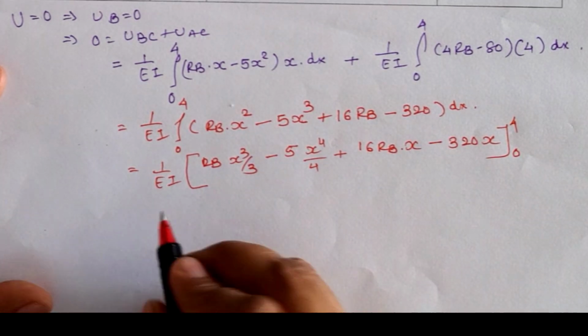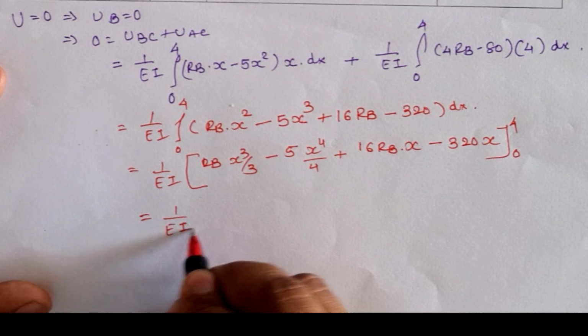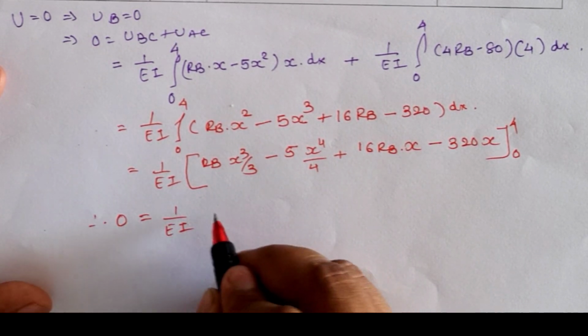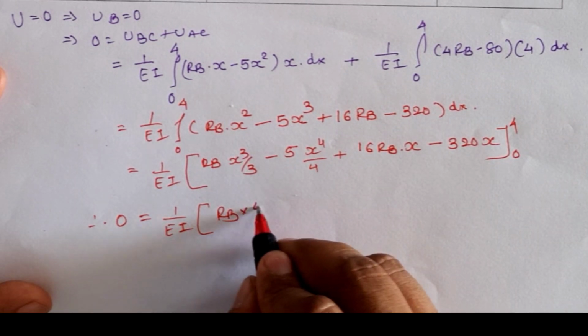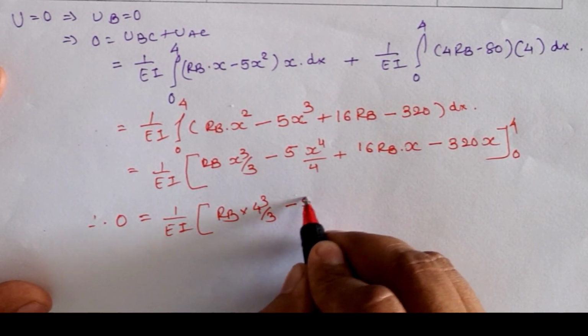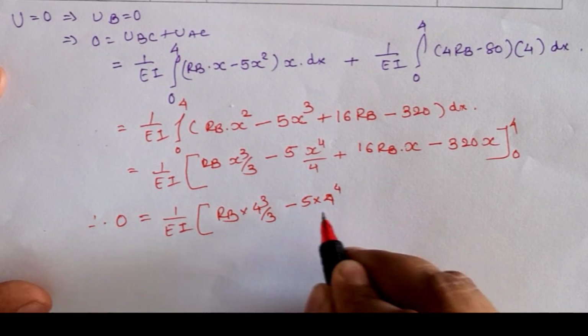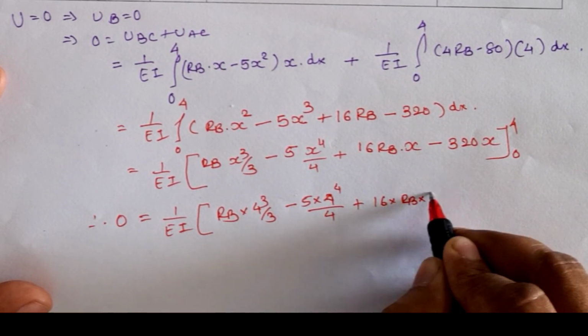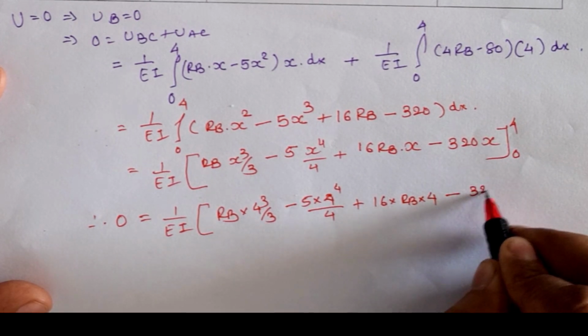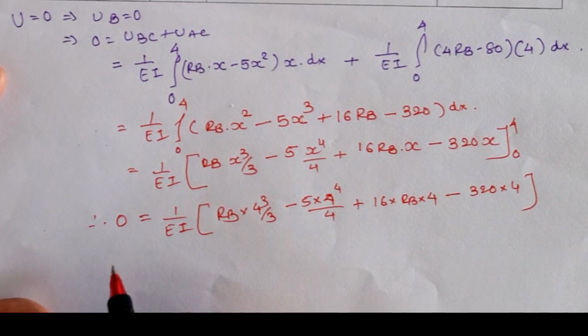Now closing this limit, the upper limit is 4, so x cube by 3 as 4 cube by 3, minus 5 into 4 raised to 4 by 4, plus 16 into RB into 4, minus 320 into 4.